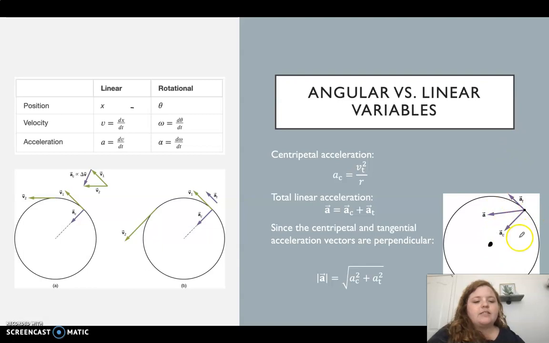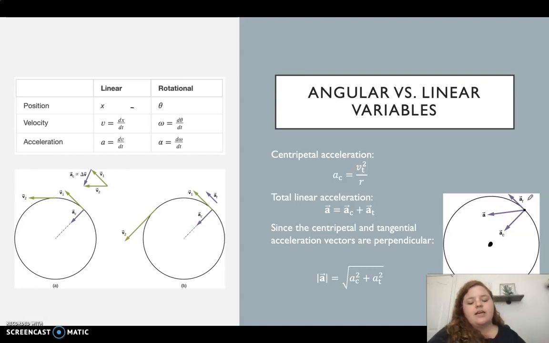You can see from this diagram here, our total linear acceleration is the combination of our centripetal acceleration and our tangential acceleration. The centripetal acceleration and the tangential acceleration are orthogonal to each other, so they're perpendicular, and the combination of those two will make up our linear acceleration.